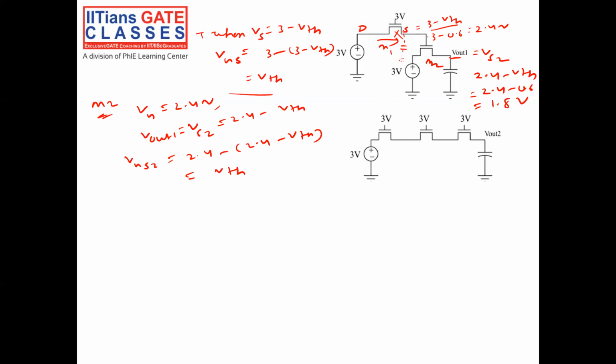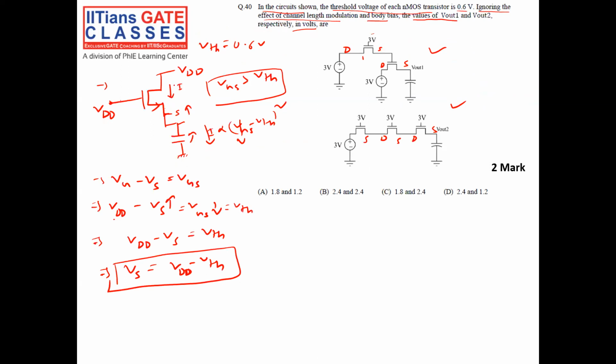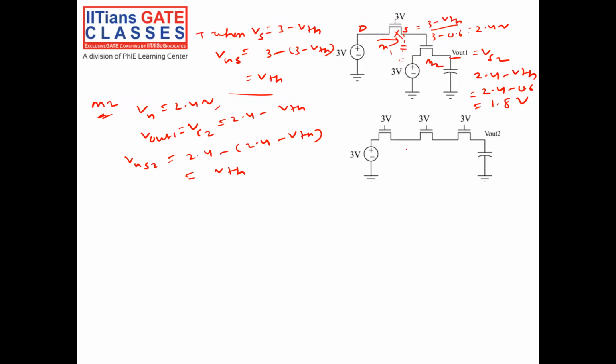You remember this concept: the current will flow and the source node will go on increasing until it reaches Vg minus Vth. For this question, similarly there is an intrinsic capacitor which is not visible.